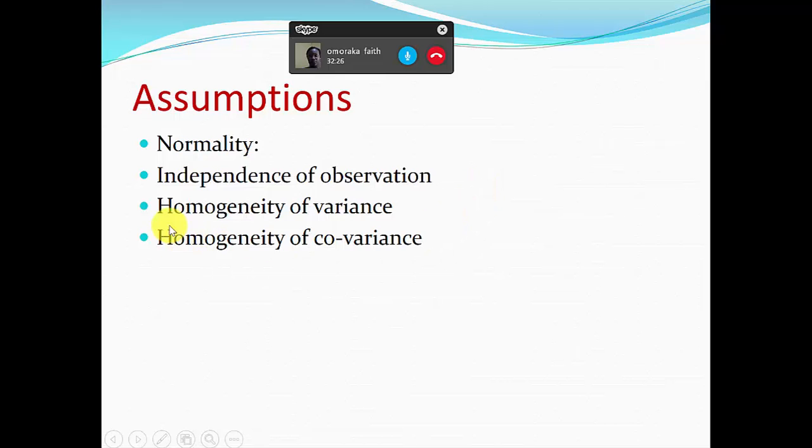Then we have the homogeneity of variance, which says that each dependent variable must demonstrate similar levels of variance across each independent variable. Then homogeneity of covariance, which is the main reason why it is called MANCOVA. The intercorrelation matrix between the dependent variables must be equal across all levels of independent variables.